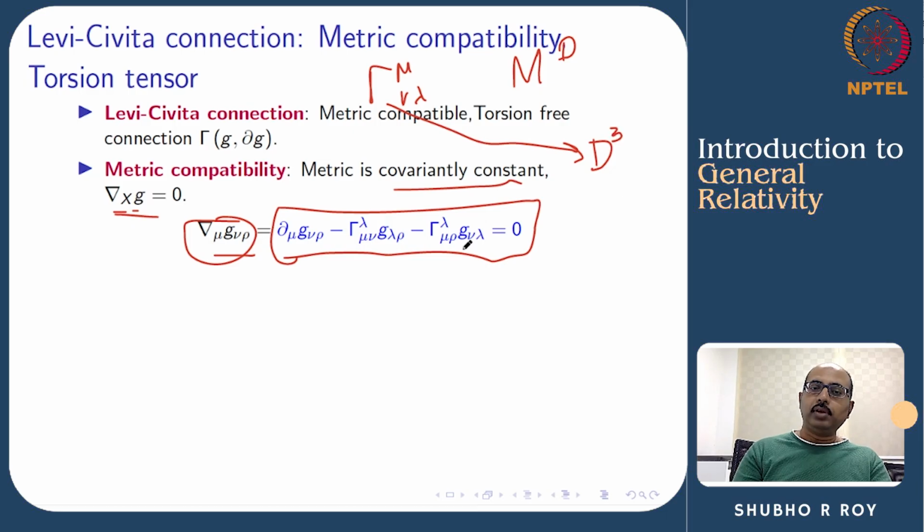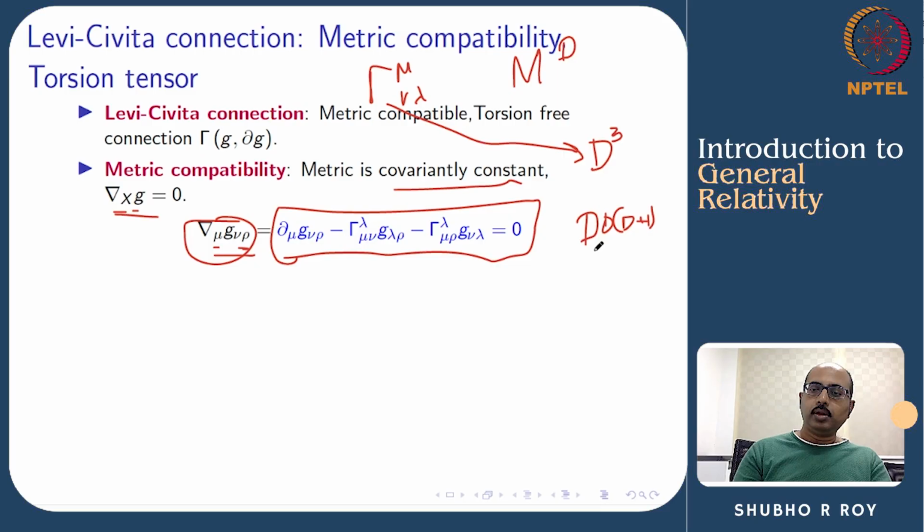Now out of these, the metric compatibility will give you a constraint, which is the number of different combinations of mu, nu, and rho. The number of different values mu can take is d, and for nu and rho, because g is a symmetric tensor, the number of different values this combination can take is d times d plus 1 over 2.